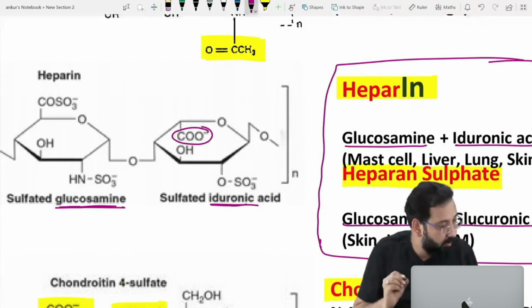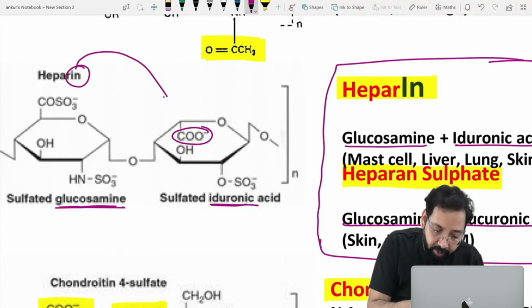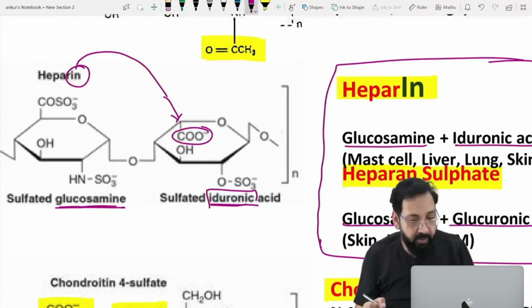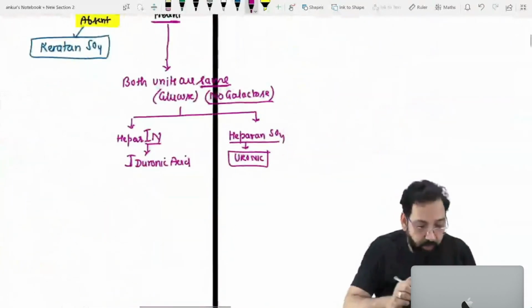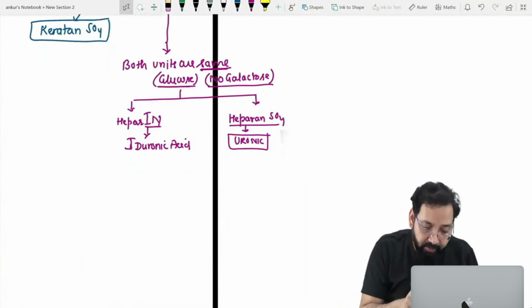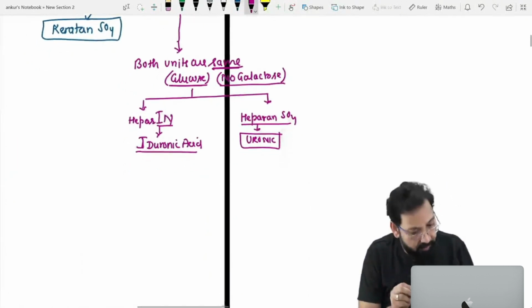Inside means iduronic acid, heparin. I for iduronic acid. Clear? Heparin. Both units are the same, glucose is there, no galactose. Iduronic acid is heparin, glucuronic acid is heparan sulfate.